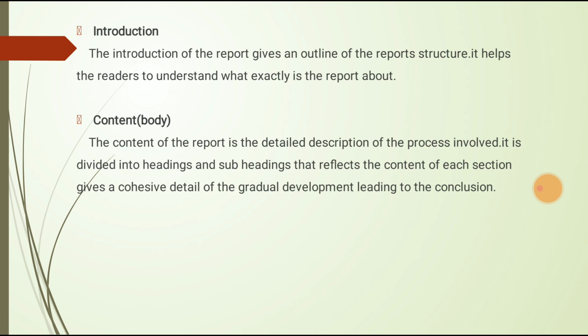It is divided into headings and subheadings that refer to the content of each section, which gives cohesive detail of the gradual development leading to the conclusion: how it started, how it gradually developed, and what conclusion was arrived at. Now it should be cohesive. There should not be any gaps for the readers to guess. So it is a very important section of a report.